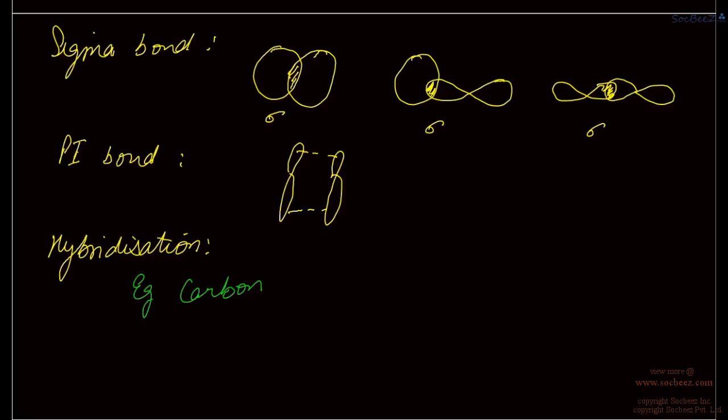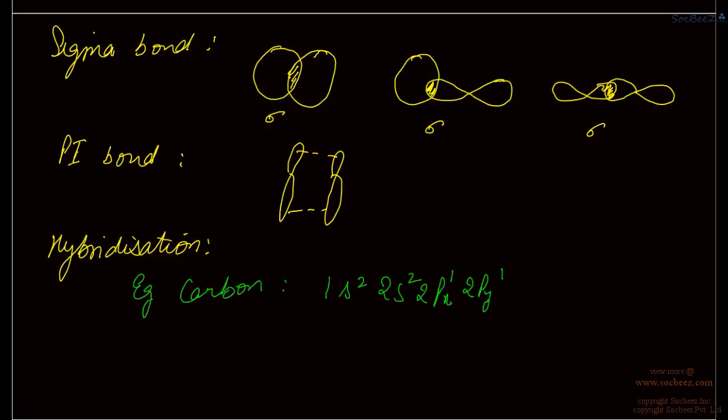Since carbon's electronic structure is 1s2, 2s2, 2px1, 2py1, its valency should be 2, but this is not the case. It shows a covalency of 4.